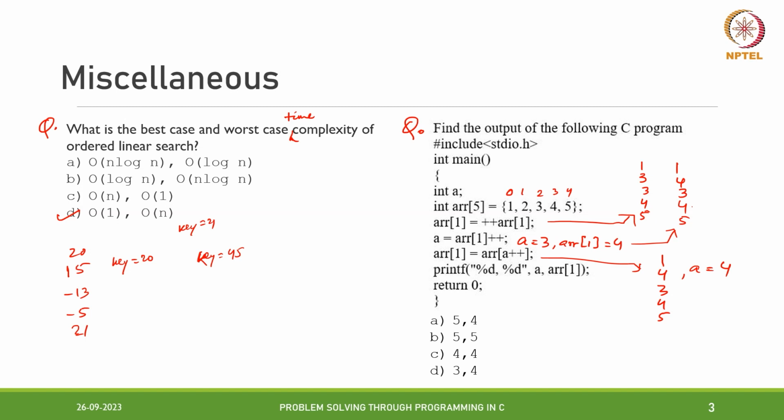Now when you print a and arr of 1, what do you get? The value of a is 4, arr of 1 is also 4. So the answer here is 4 comma 4. Is this clear?